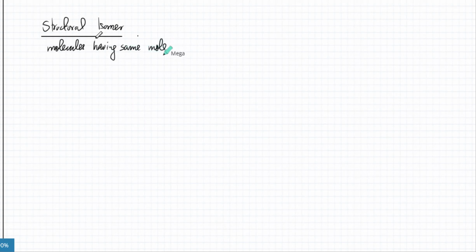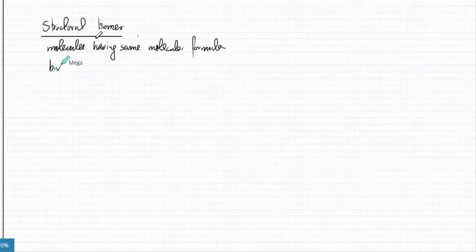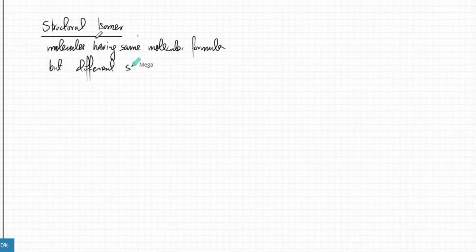So structural isomers are molecules having the same molecular formula, but different structural formula.